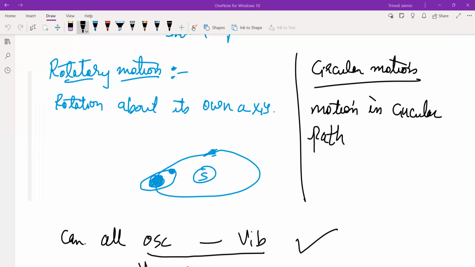In short, it should keep a fixed distance. That's it. See, I got the perfect difference between circular and rotatory.